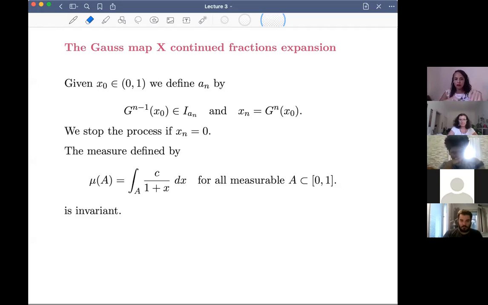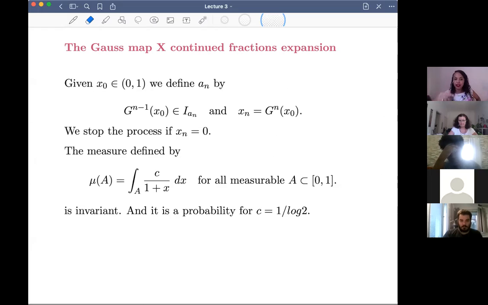Well, if you know what an absolutely continuous measure is, it means that one measure is absolutely continuous with respect to the other one if they see the same zero measure sets. So this measure is actually absolutely continuous with respect to Lebesgue. So this measure will see the same zero sets that Lebesgue sees. If there is a set that Lebesgue says is 0, this measure will also do the same. Okay, this is a good measure, it's invariant.